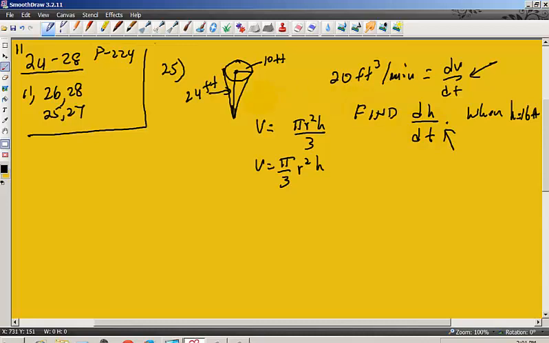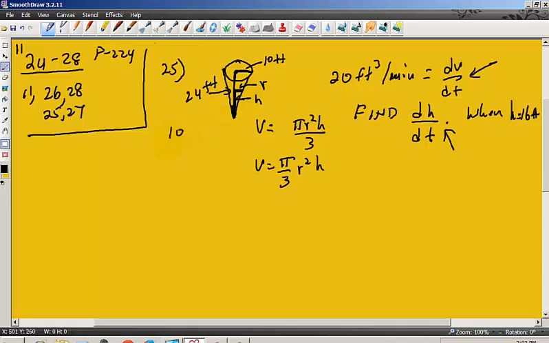Okay, we're going to go to geometry to get rid of the r. This is some random r, radius, and this is some random h, height, in a cone. Now, this is a right triangle inside of a right triangle. These are similar right triangles, so that means they are proportional.